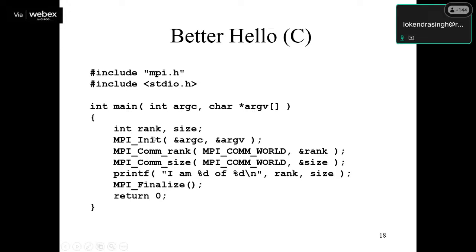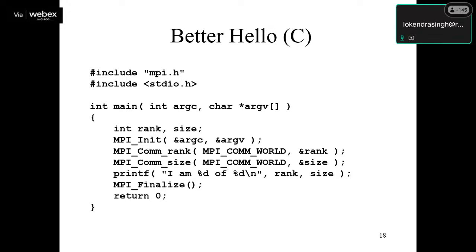MPI_Init, this routine initializes the MPI environment. It takes in the addresses of the C command line arguments, argc and argv. So these directives should be enough to get our parallel code. There are two things, rank and size.